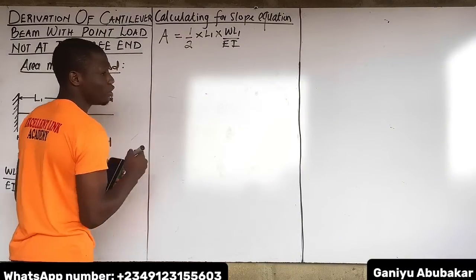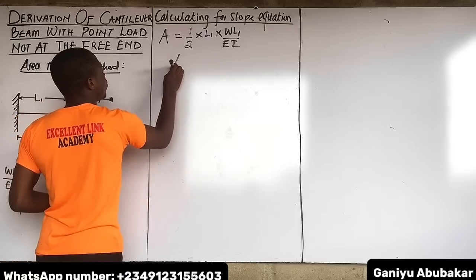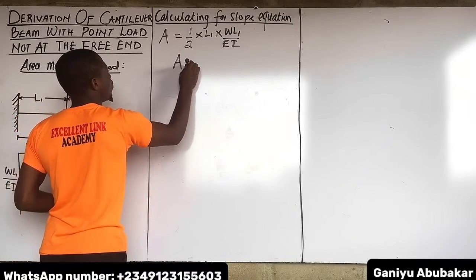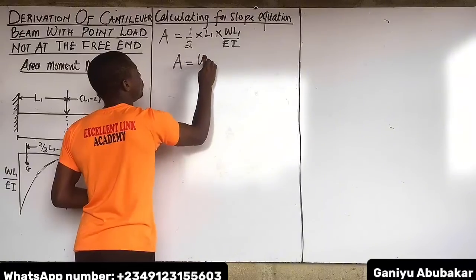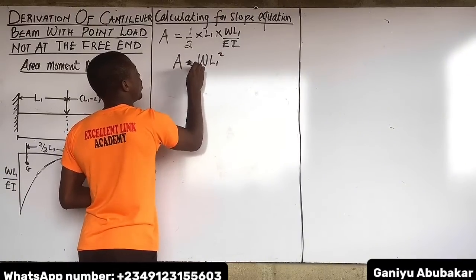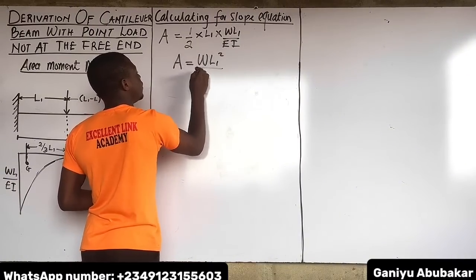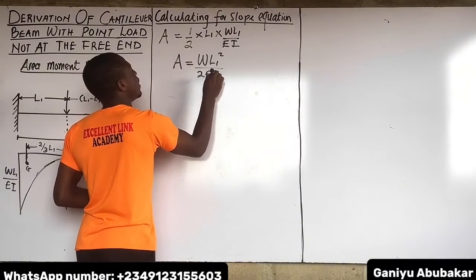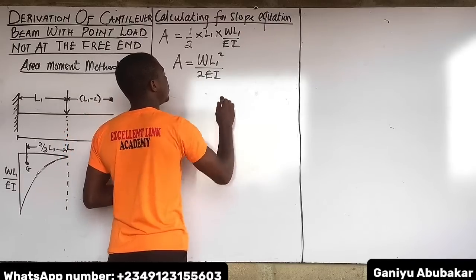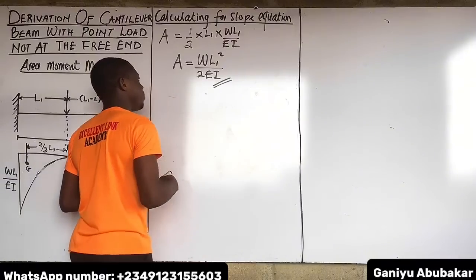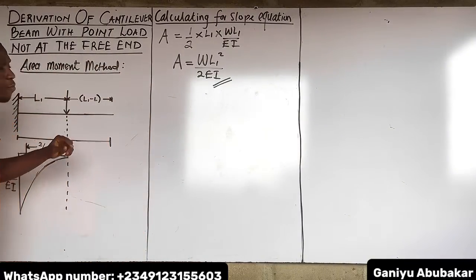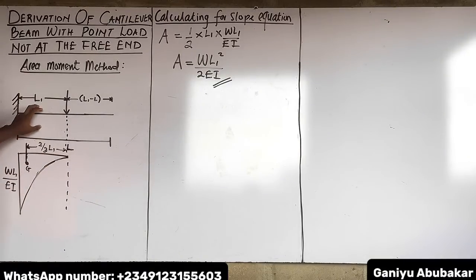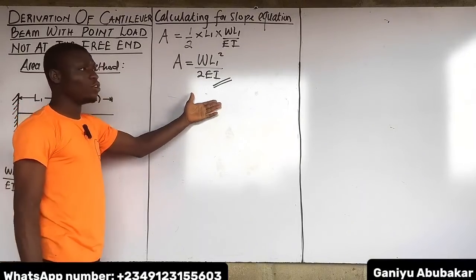At this point, multiply through. My slope equation A is equal to 1 times L1 times WL1, that gives WL1 squared all over 2 times EI, which gives 2EI. So this becomes my mathematical expression for calculating the slope equation for a cantilever beam with point load not at the free end.